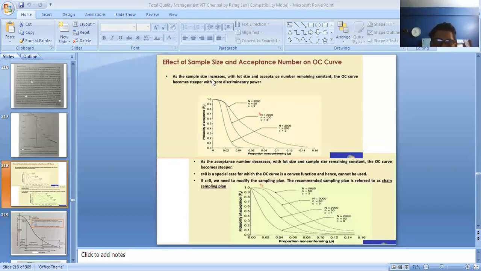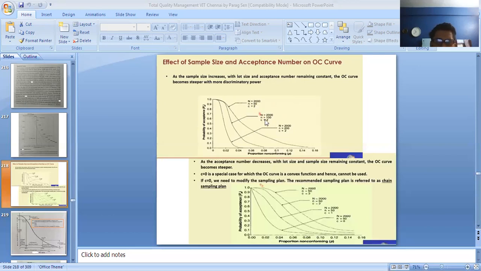As the sample size increases with lot size and acceptance number remaining constant, the OC curve becomes steeper with more discriminatory power. So you can see that the lot size is fixed at 2000 in all the cases, and small c, the acceptance number or the cutoff number, is also fixed.